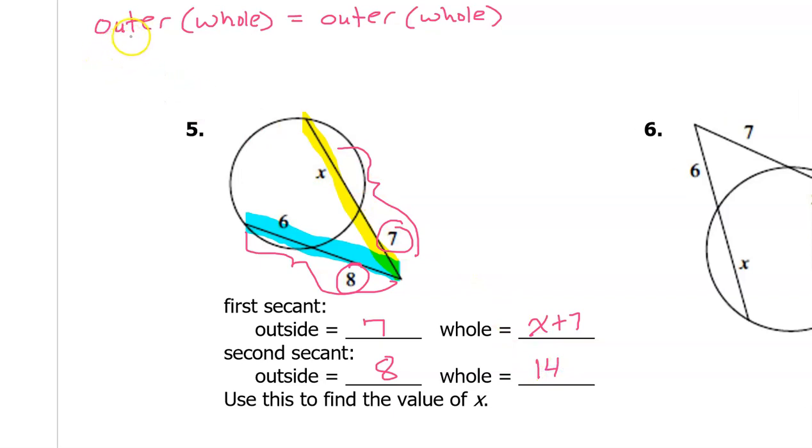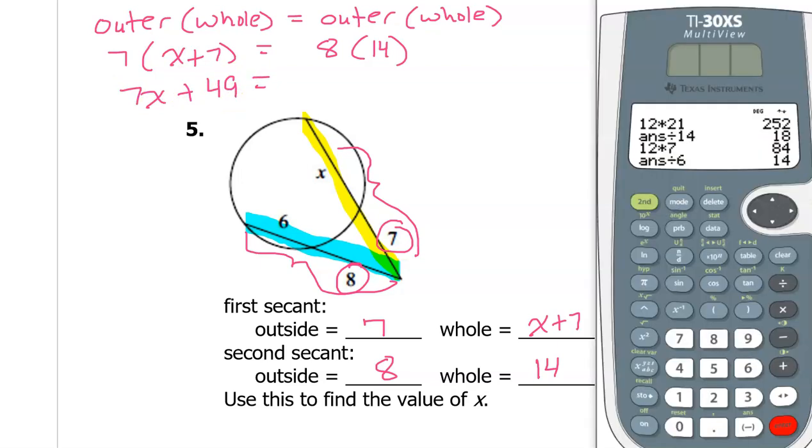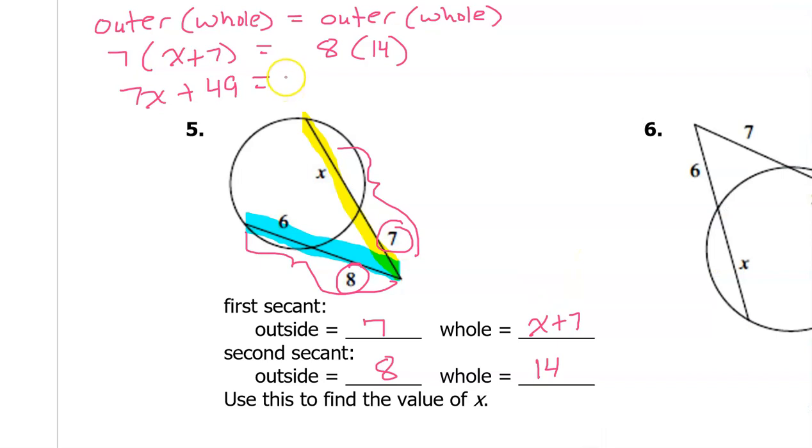So when we do the formula, outer times whole is equal to outer times whole. From the first secant line, the outer was 7 and the whole was x plus 7. From the second secant line, the outer was 8 and then the whole was 14. So a little distributive property, and we have 7x plus 49 is equal to 8 times 14, which is 112.